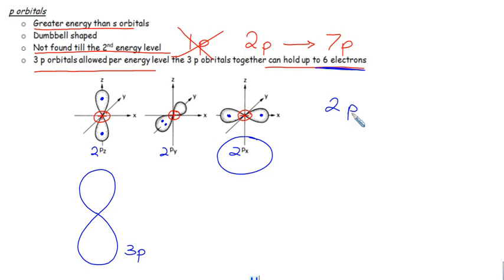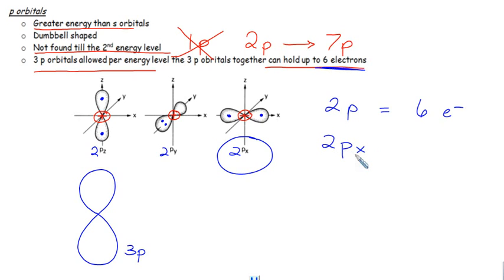So by saying just 2p, I'm saying it could be any one of these 6 electrons. But I want to get as specific as possible. Eventually, I want to narrow it down to 1 electron. I want to locate one particular electron. So now let's say we add the third quantum number, 2px.